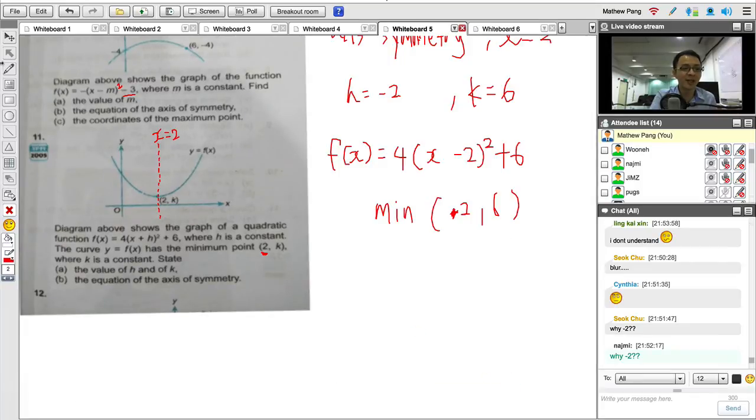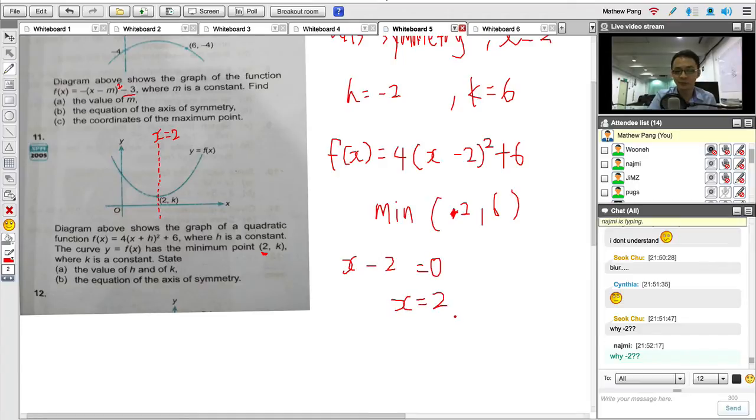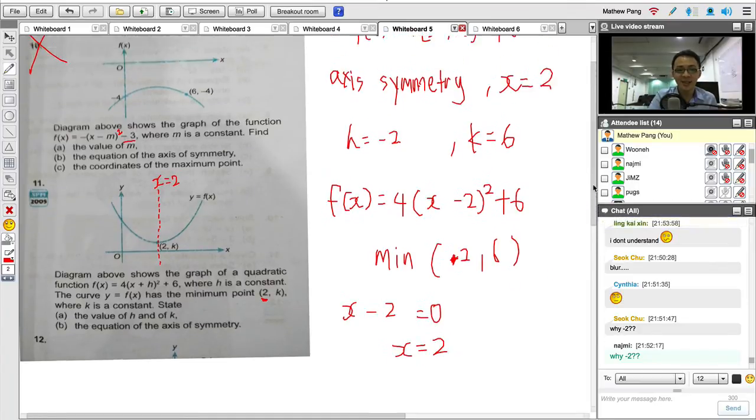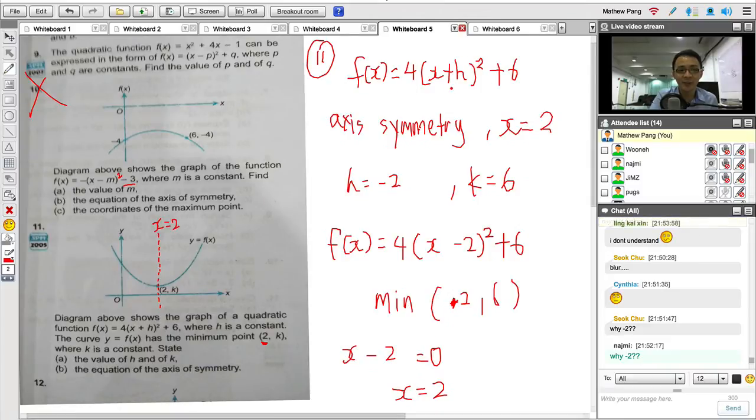If I put negative 2 there, I get x minus 2 equals 0, x will get 2. Because just now I said inside the completing the square form, this value is always the opposite sign. If this is positive, then here will be negative. They're always opposite signs.